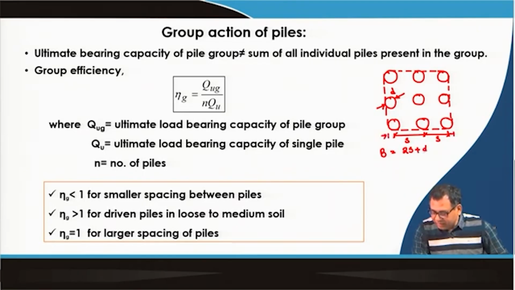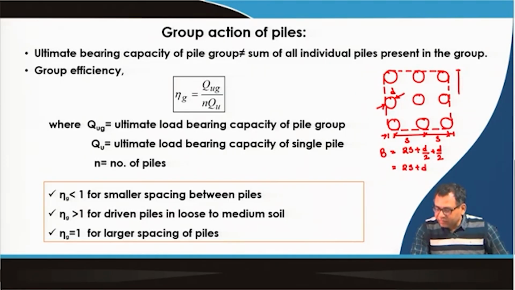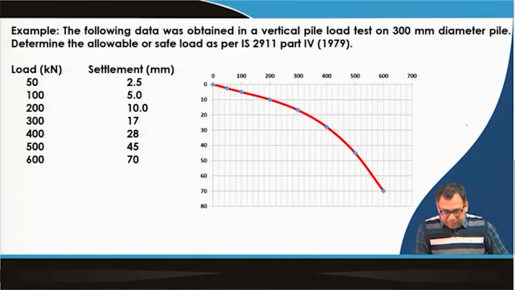So, that means it will be 2S plus D. Okay, so that will be the B, and similarly this side also this will be the B if it is a square pile group. This way also we can determine the settlement of a pile group.